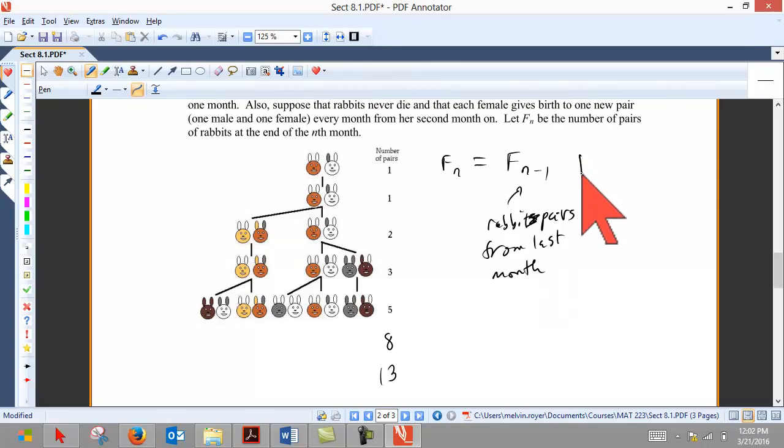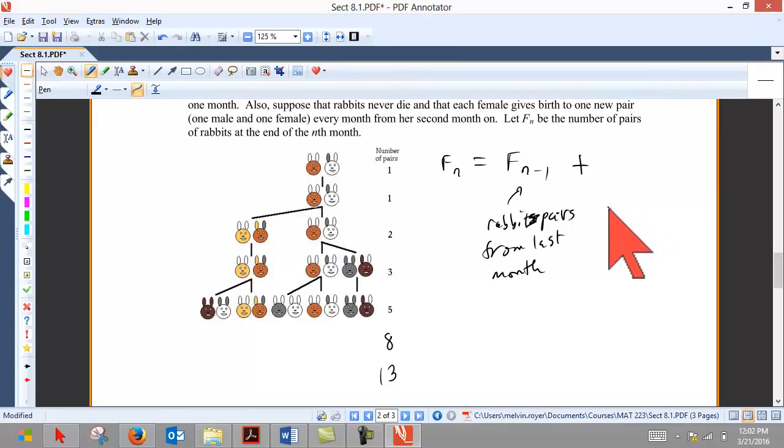But then plus you also have babies. And the question is, how many pairs of babies do we have? So remember that each mature pair of rabbits is having exactly one pair of babies every month. So how many baby pairs do I have? It's the same question as how many mature rabbits did I have in the previous month? Well, what's a mature rabbit?